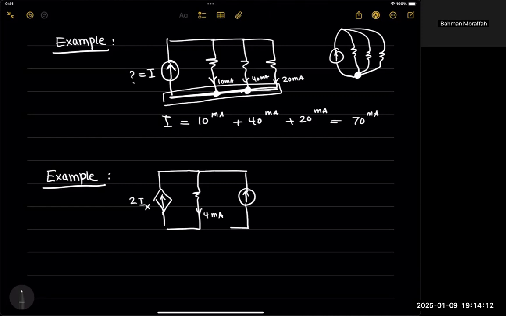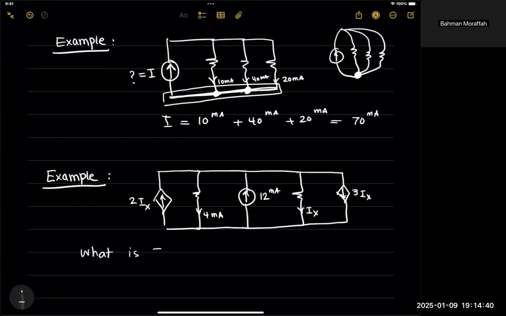Let's say I have an independent current source with value 12 milliamps. I have Ix over here. And I have another dependent source with the value 3Ix. And the question is asking me, what is Ix?